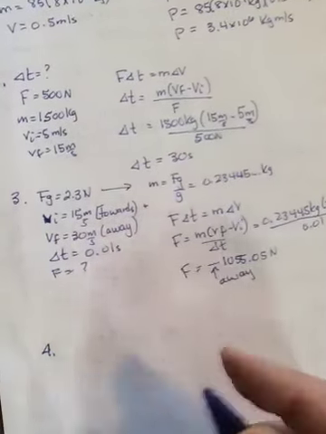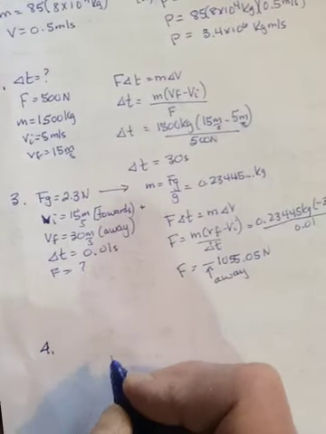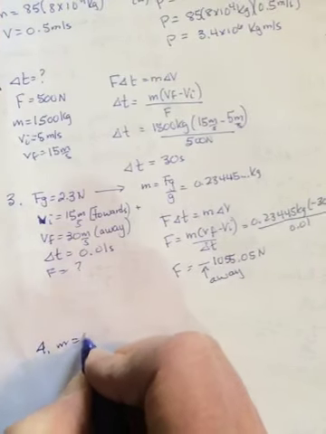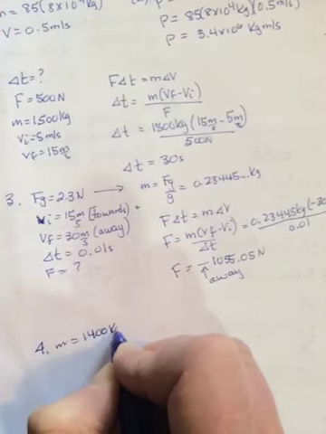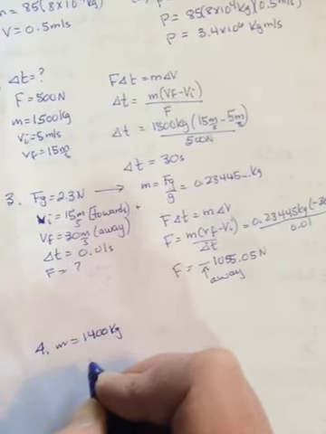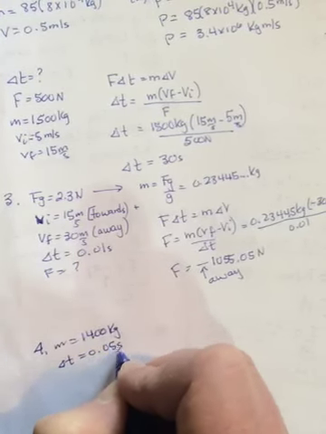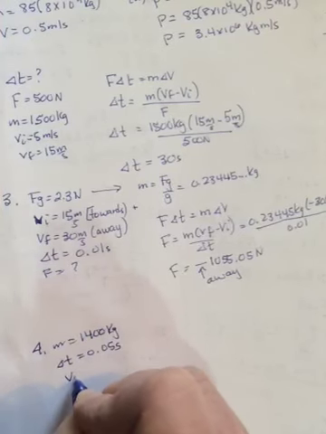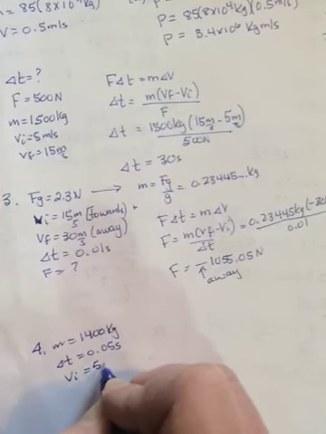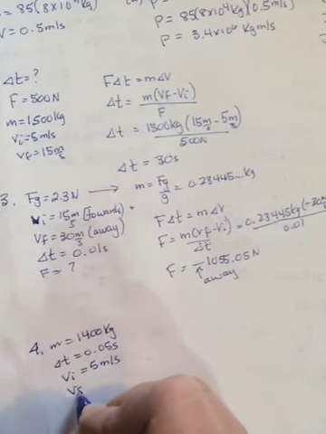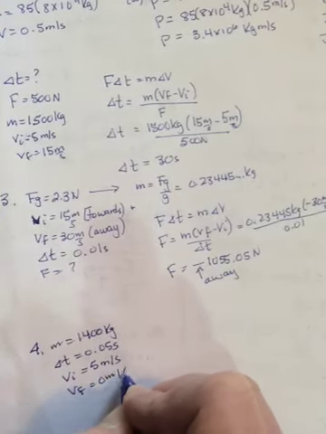Number 4, a car of mass 1,400 kilograms, so M, 1,400 kilograms, crashes into a solid wall and is stopped, delta T, in 0.05 of a second. The car was initially traveling 5 meters per second when it hit the wall. The VF is 0.